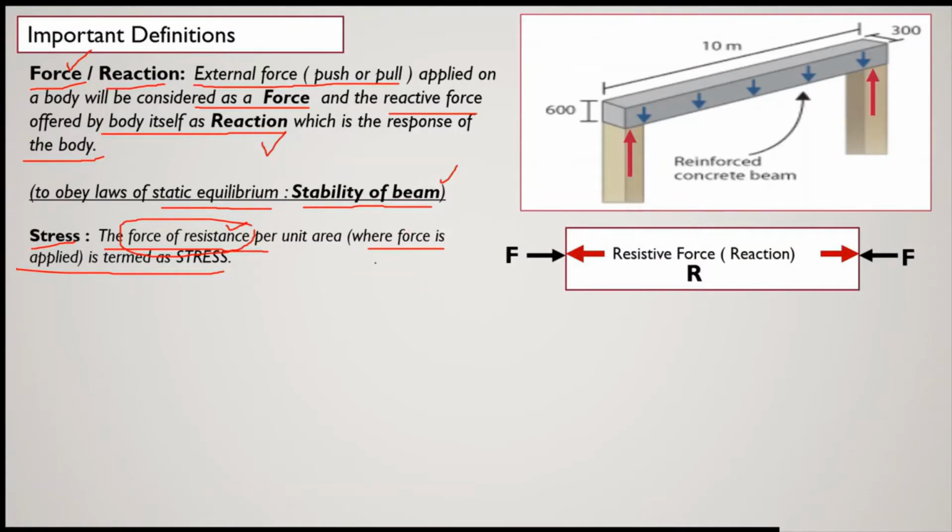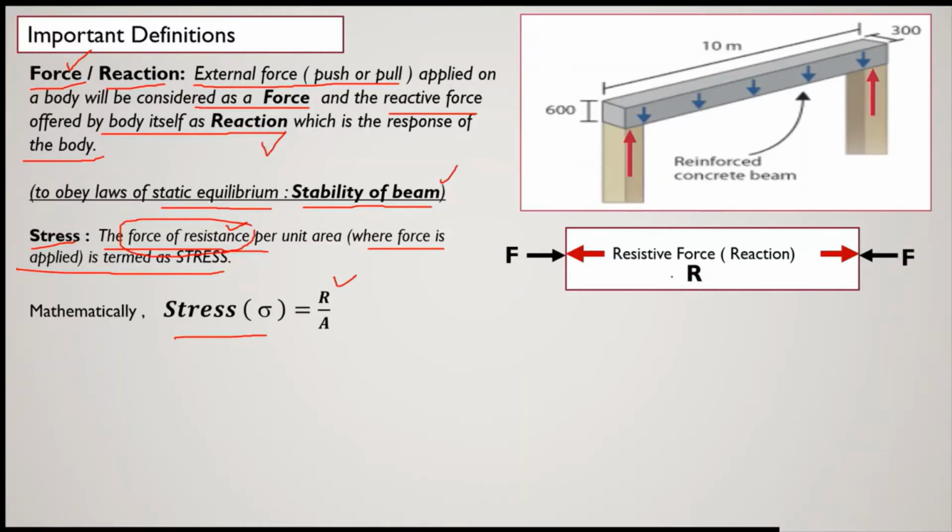Now here you can understand more effectively. This is the applied force, F is the force, R is the reaction or resistance. So mathematically, the formula for stress is sigma equal to R upon A. And this R will be equal to F when there is no deformation.